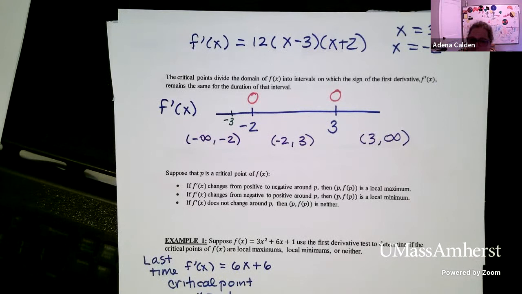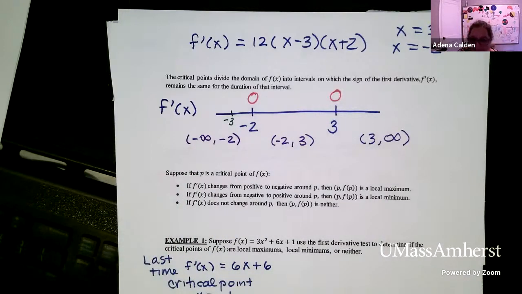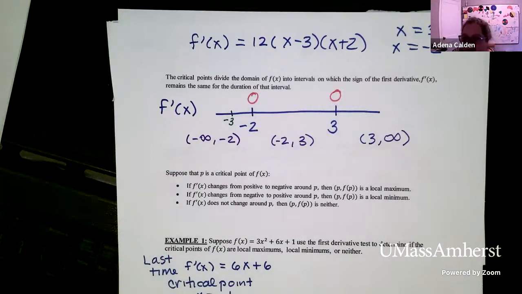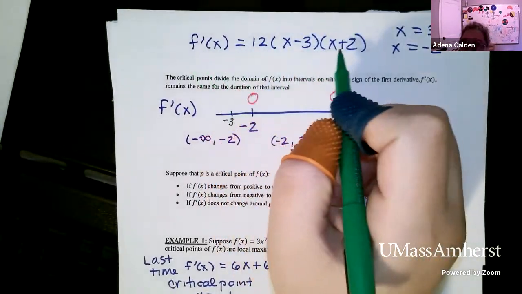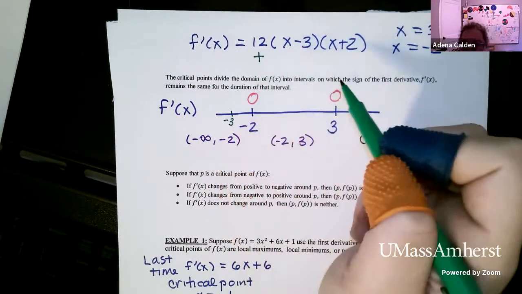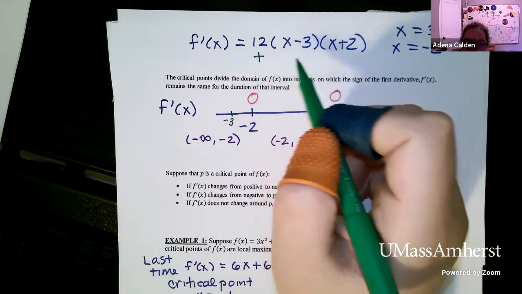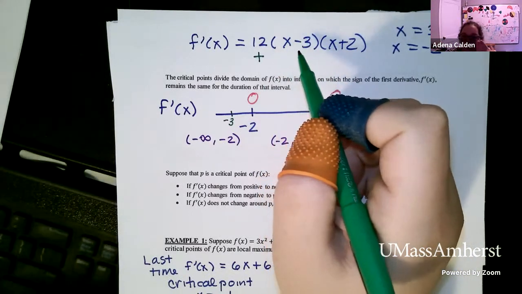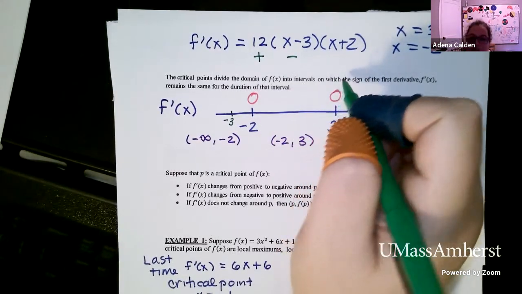There's 2 ways you can do this. You can take the unfactored form of your first derivative and plug in -3 and use your calculator. That's totally fine. The way that I do this is I just look at the factors. So for me, this is my factored form of the first derivative. 12, always positive. Okay, if I were to plug -3 into my first factor here, -3 minus 3, it's going to give me -6. So that's something negative.